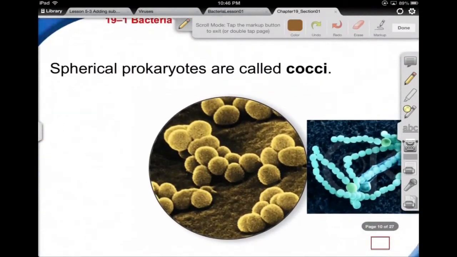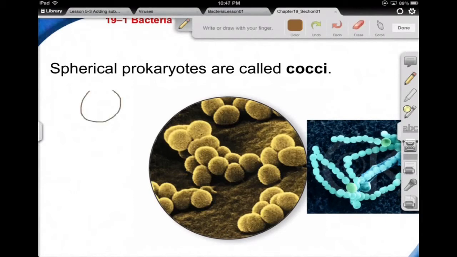Now we had sort of cylindrical or rod-shaped ones. Now we have ones that are shaped like a ball, and we say that those are cocci. Sometimes you'll hear some people pronounce it differently. It doesn't sound quite as elegant. But spherical prokaryotes, here you go, cocci. And later on, we'll talk about what it's like when they get together in groups.